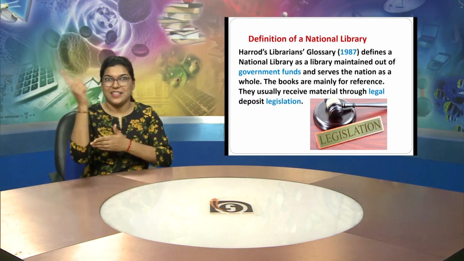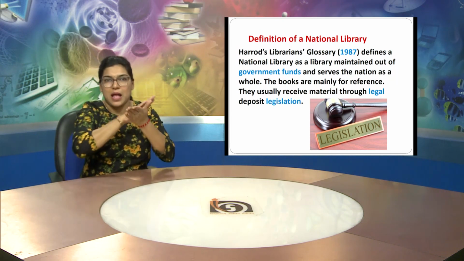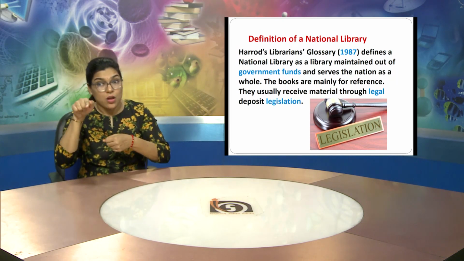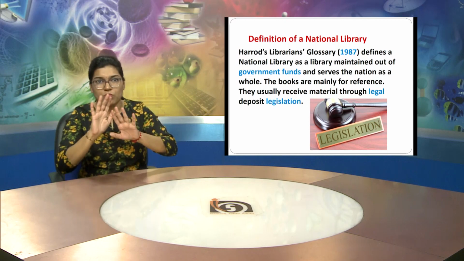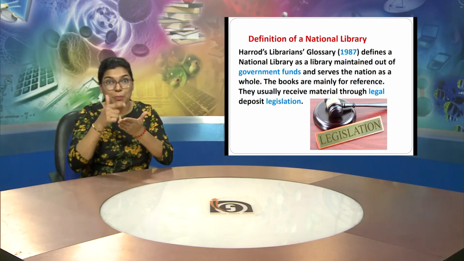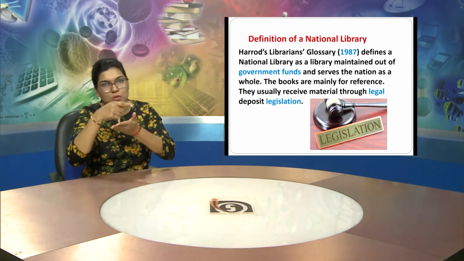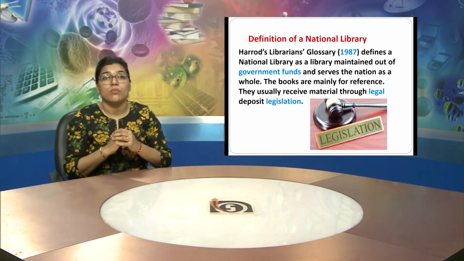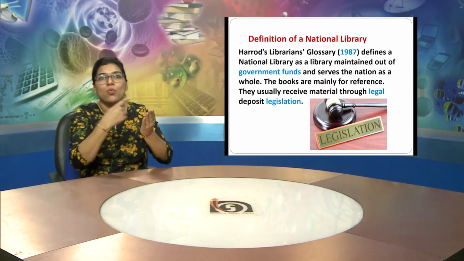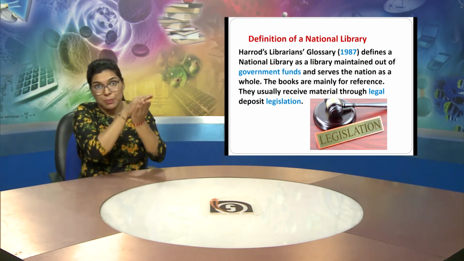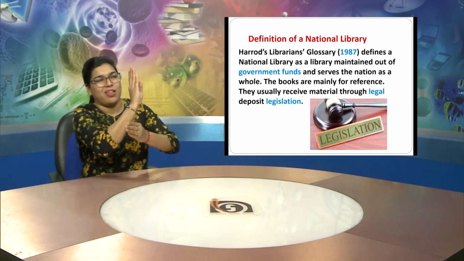Let us now understand the definition of a national library. According to the Harrods Librarian's Glossary in the year 1987, a national library is defined as a library maintained out of government funds and serves the nation as a whole.